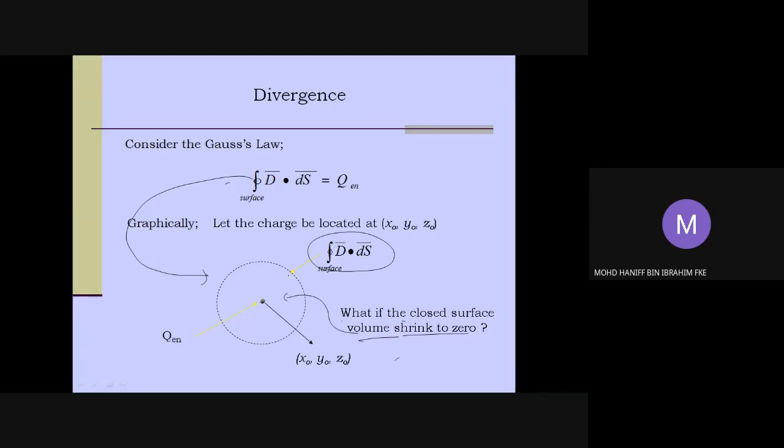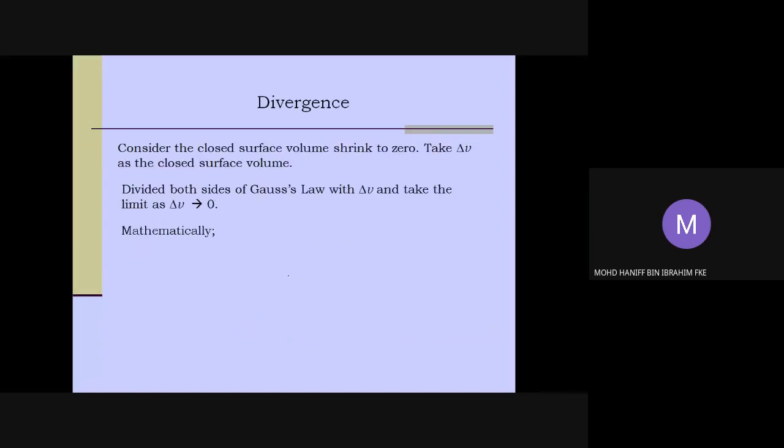So when the closed surface volume is said to shrink to 0, the volume of your Gaussian structure will be approaching 0.